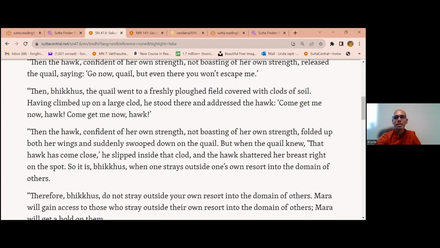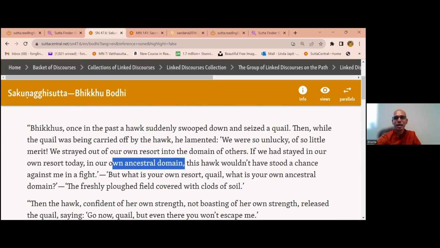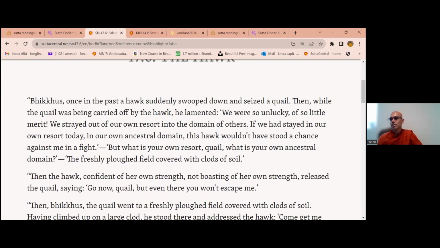All right, this is a conversation, actually, Linda, a Jataka story. A true story, okay? The hawk and the quail, this is a Jataka story. So the hawk grabbed the quail, and then the quail was crying. The little bird was crying, "Oh, I have little merit. I am in danger.